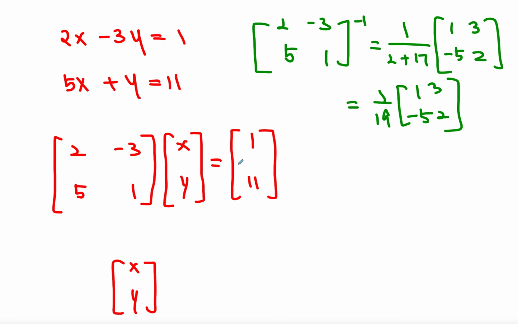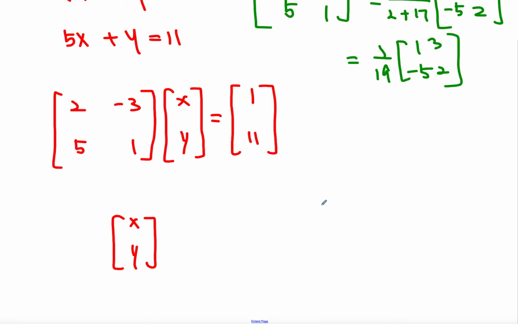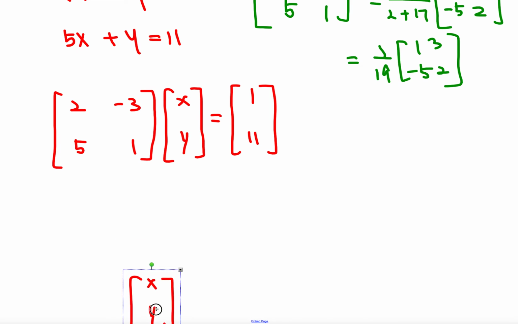So let's try to see what we end up getting. If you multiply this one by the matrix, what I'm actually writing down here is this. Let me put this one over here.